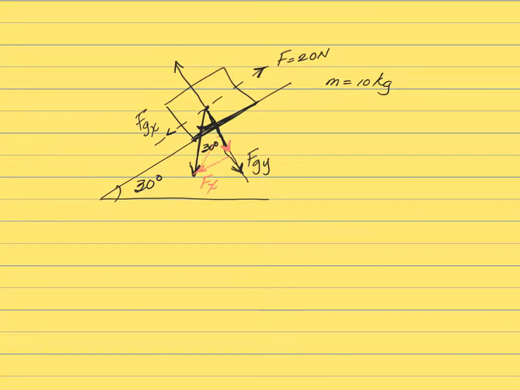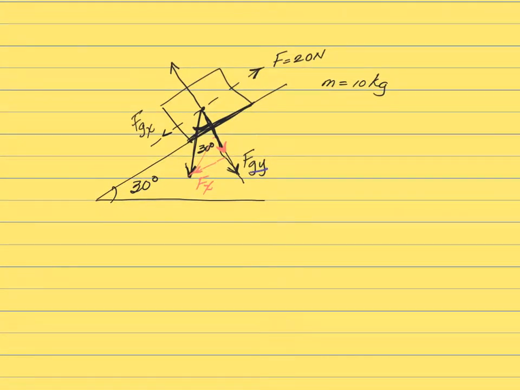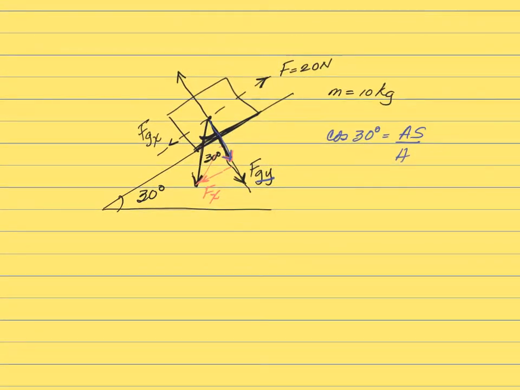I'm going to start. The y-axis is in the adjacent side. So cosine of 30 degrees is going to be equal to the adjacent side over the hypotenuse, which is the gravity force. Okay, but I want the component on the y-axis, which is the adjacent side.